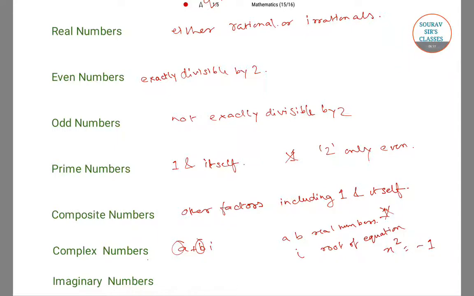So complex number has two parts. One is the real part and other is the imaginary part of the number. This is the real part and this is the imaginary part of the number. Imaginary number is the imaginary part of complex number. It can be written as a product of a real number and the imaginary unit i.